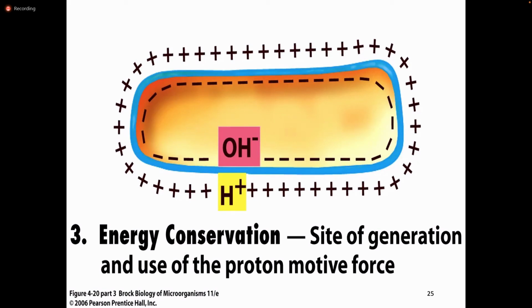When hydrogen ions come in through a protein molecule, generally called the ATPase, the ATP generating machinery, then this proton motive force is able to generate ATP or do some work. This process is called energy conservation.